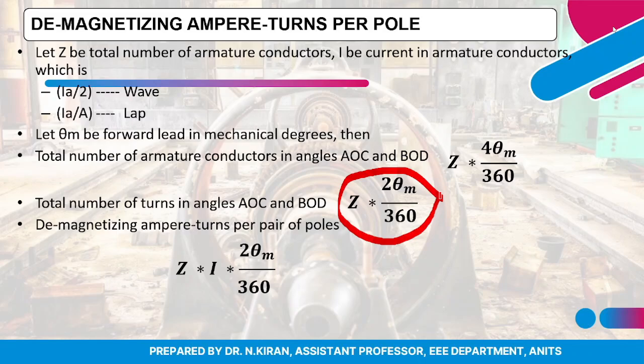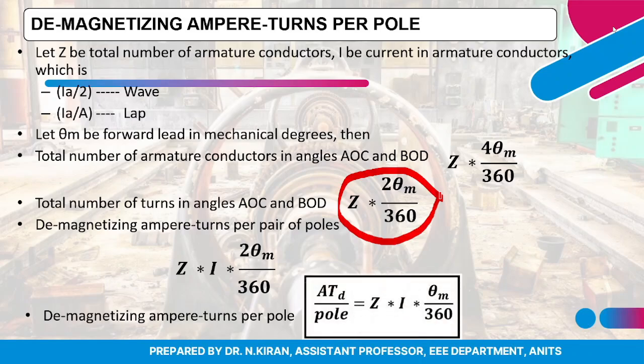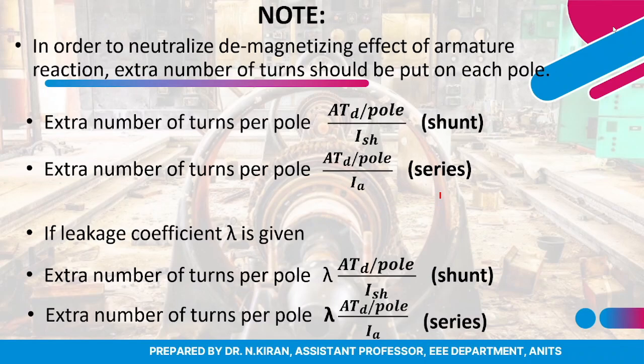But if I need demagnetizing ampere turns per pole, the expression ATD per pole will be nothing but Z into I into theta m by 360. So this is the expression for demagnetizing ampere turns per pole.